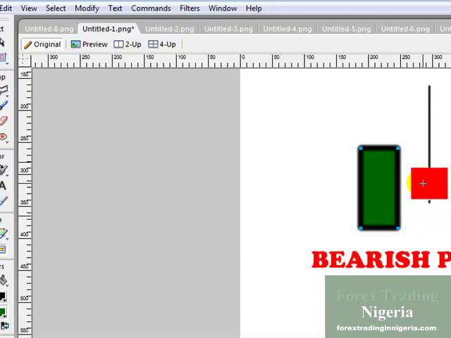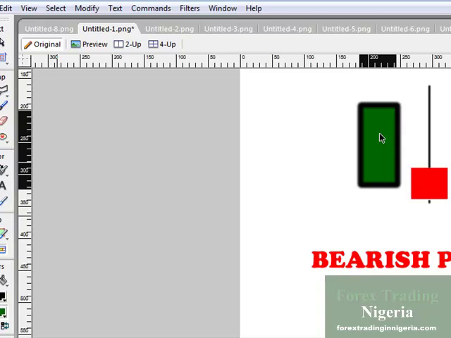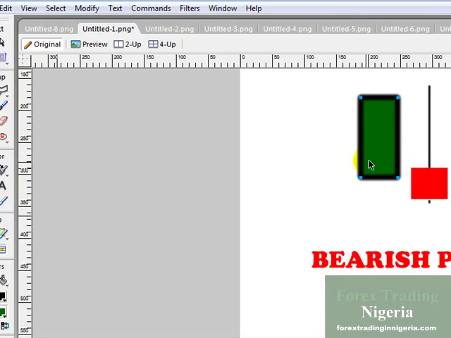This is the pin bar, and its body must be within this other candle, this previous candle. If we have it this way, I'm going to ignore this, because the body of this is not inside the body of this.